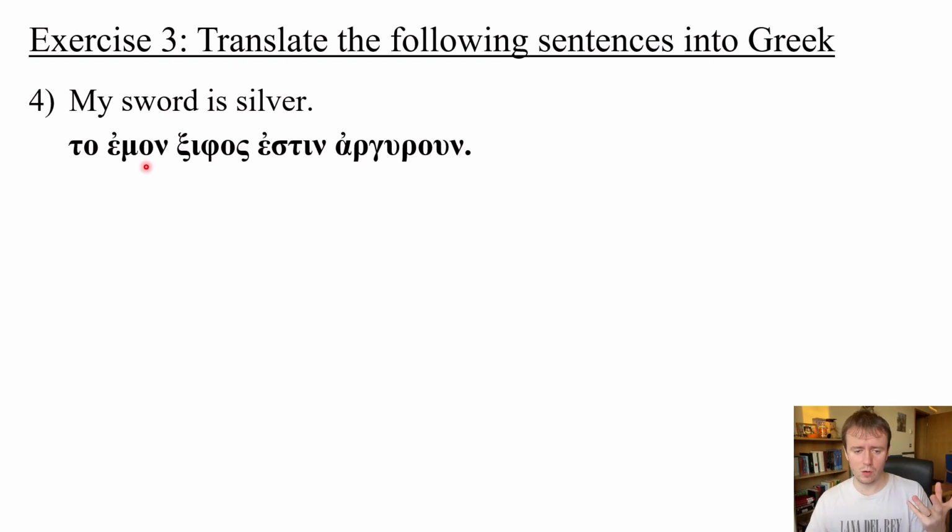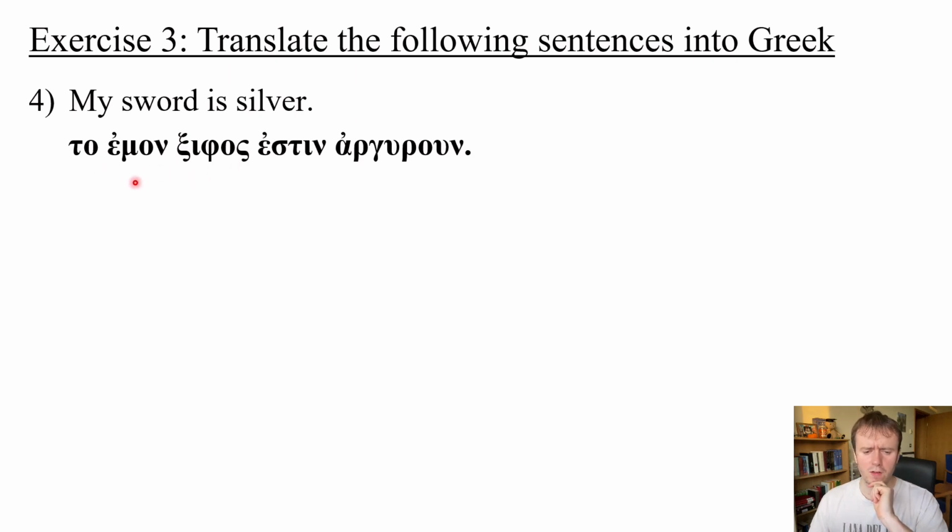And so the neuter nominative singular form of emos, a normal 2-1-2 adjective, is emon, and xipos, although it ends in os, is a neuter noun. It's a 3C noun, and those end in os in the nominative singular, even though they're neuter. So this was one way of saying my sword.